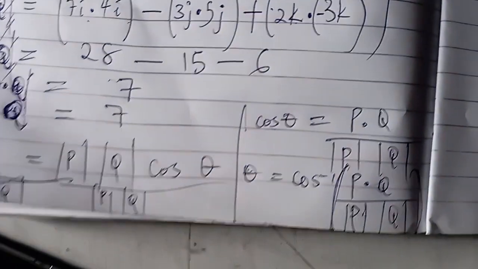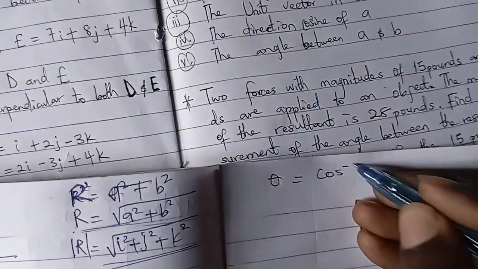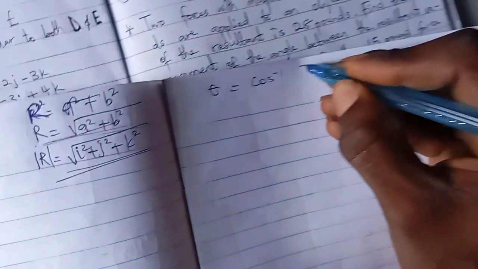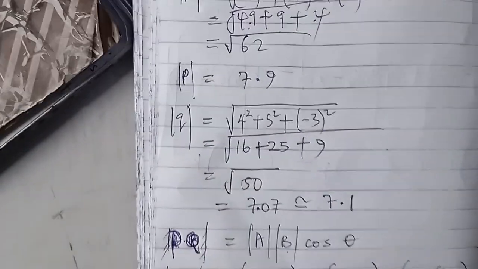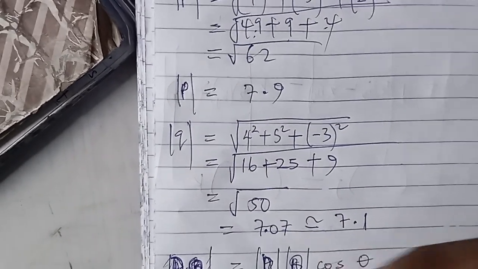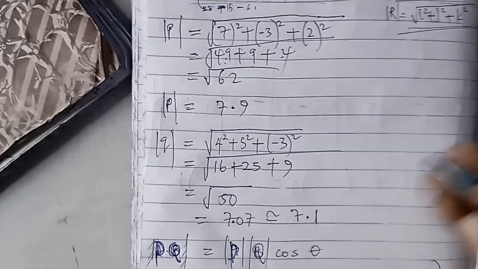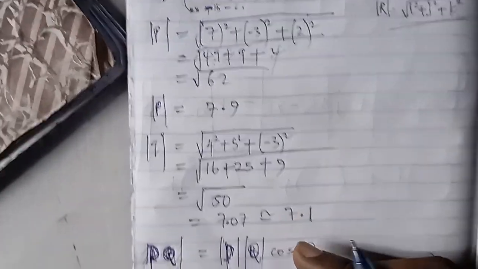Well, let's do it. Theta equals cos inverse of P dot Q, which we got to be 7, all over magnitude P, which we got to be 7.9, and magnitude Q, which we got to be 7.1.